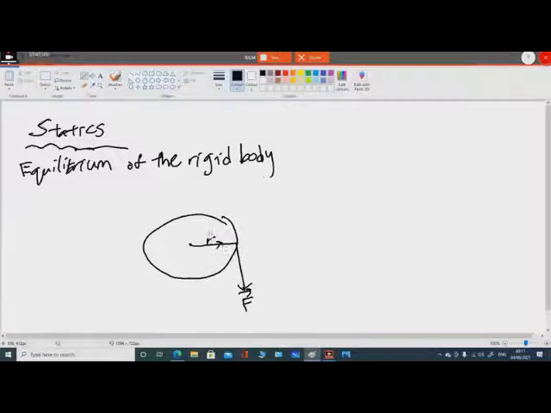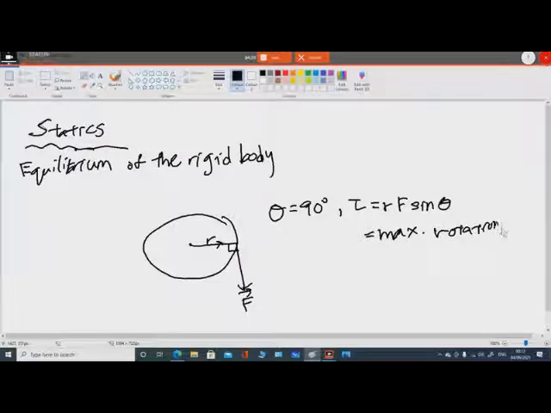We can see that the direction of the force and the distance R are perpendicular. Since the angle is 90 degrees, the torque, which is RF sine theta, is maximum. So this will give us the maximum rotational motion.